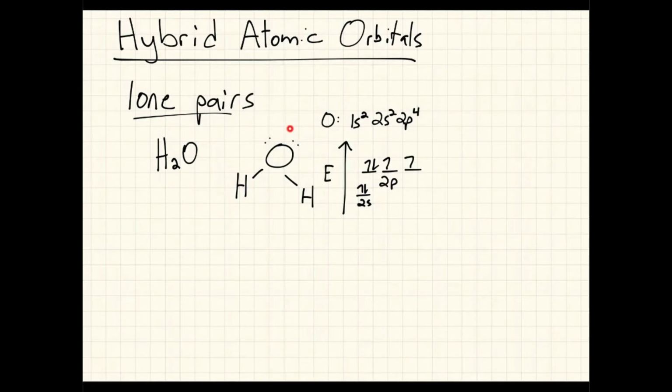Tetrahedral because it's got 1, 2, 3, 4 electron domains. That's key. And so we know that this bond angle here between the 2 hydrogen atoms is close to 109.5, likely a little less than 109.5 because of the added repulsion from these lone pairs. So this still doesn't explain it.